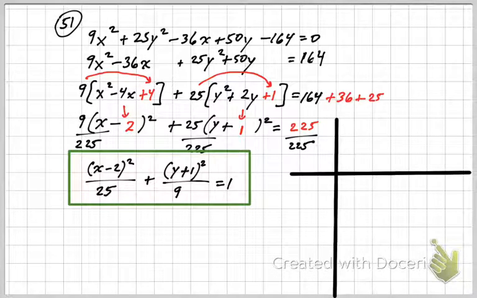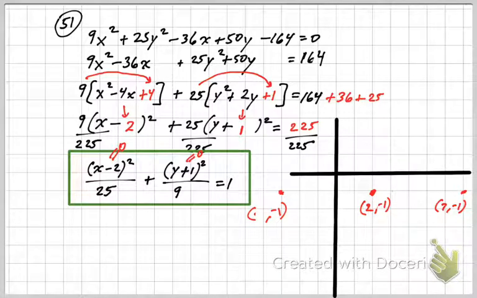To graph it, I find the center: what makes this 0, and what makes that 0. So 2, negative 1. Is everybody okay with the center being 2, negative 1? How far in the x direction do I go? 5. 1, 2, 3, 4, 5. What's the coordinate out here? 7, negative 1. If I go 5 to the left, 1, 2, 3, 4, 5, what's this coordinate? Negative 3, negative 1.